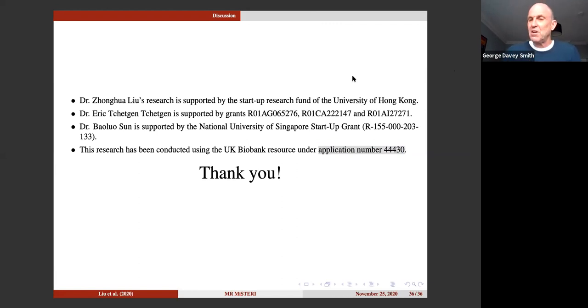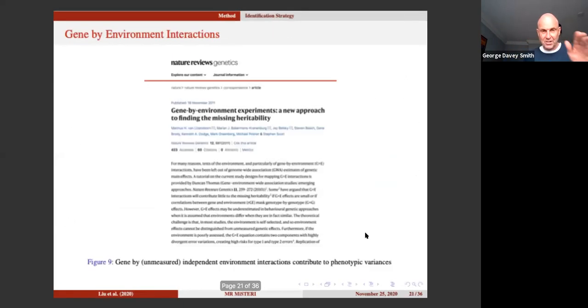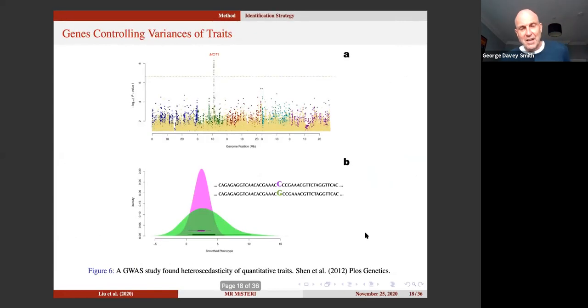I'll make just a comment on a question about this. The comment is with respect to what you say about the actual presence of difference in variance by genotype. There have been several studies, and I'll post the links in the chat section. Several studies have now used this approach on a genome-wide scale with every SNP and a huge number of phenotypes in UK Biobank.